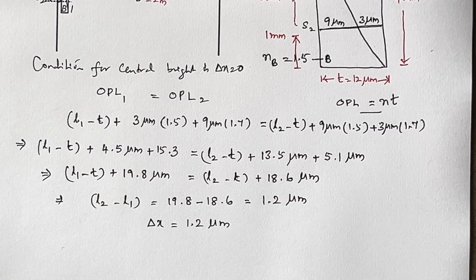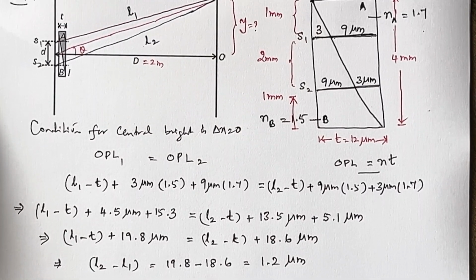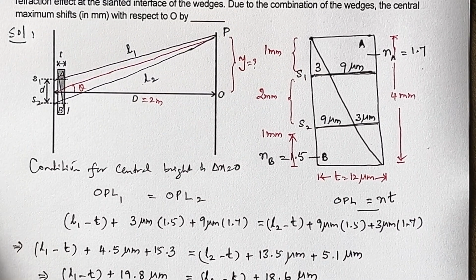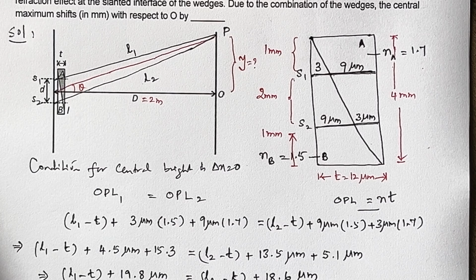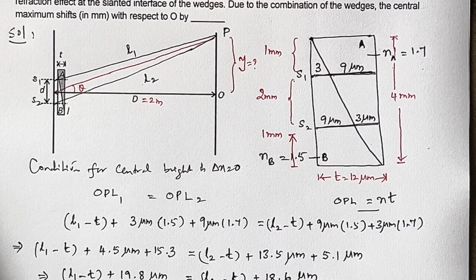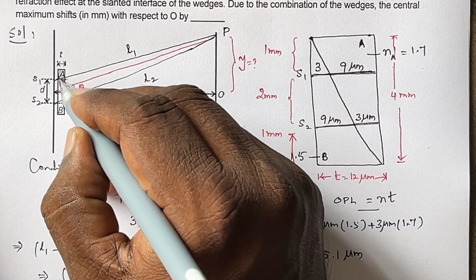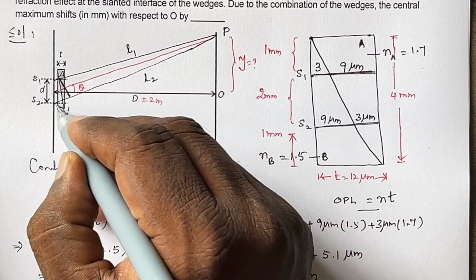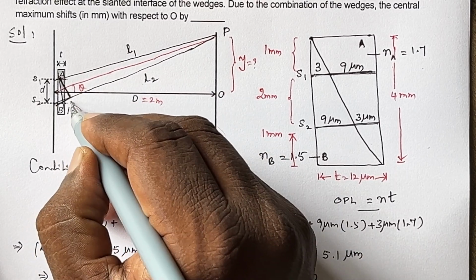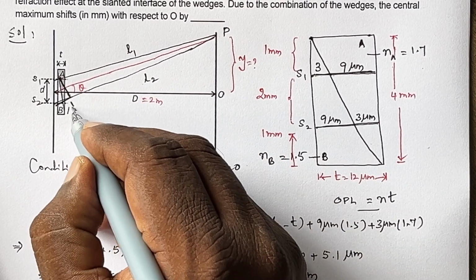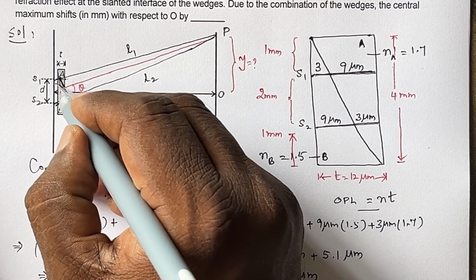See here, let us revisit the diagram. In this diagram, this distance is called delta x, and this is the theta.